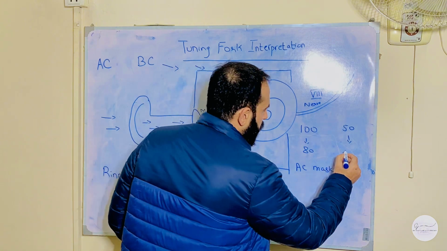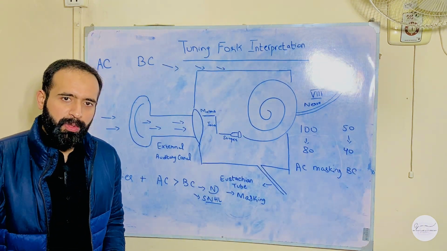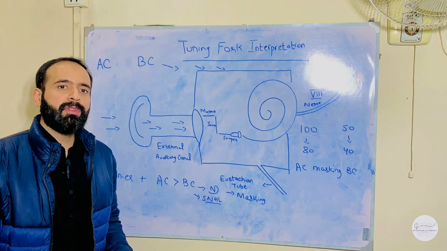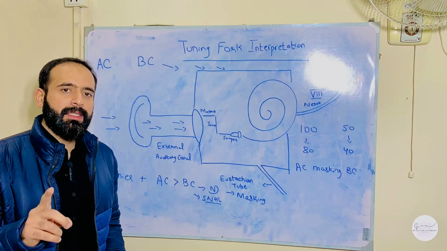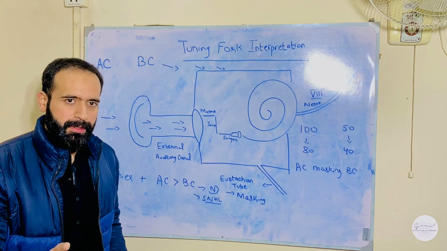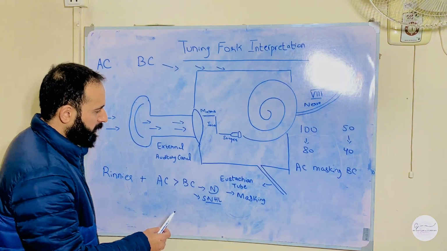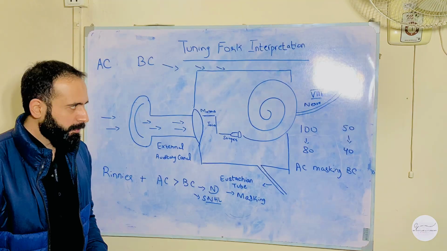So let's say 40 of these receptors are occupied by the air conductive pathway. Again, the air conductive pathway is going to mask the other pathway. That is why even in sensorineural deafness, the patient is going to have a positive Rinne's. So the interpretation of a positive Rinne's is it's either normal or sensorineural hearing loss.